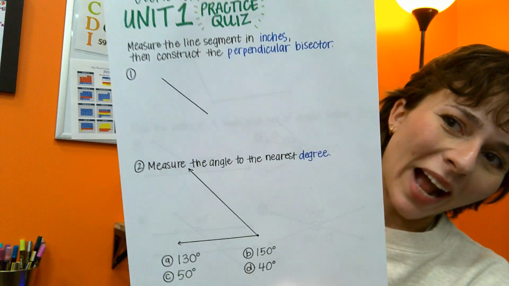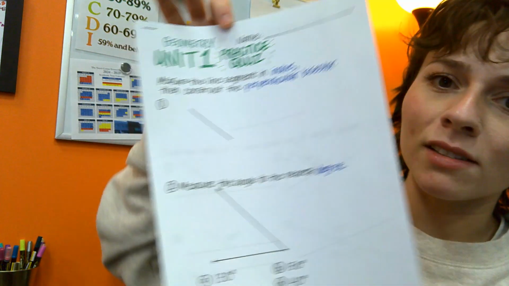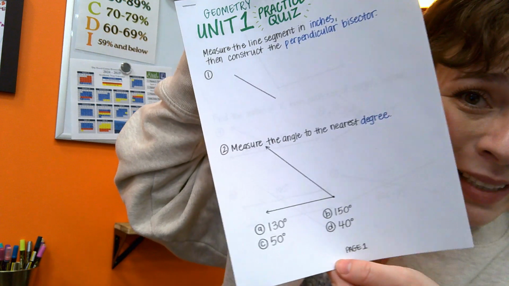This is our practice quiz. I wanted to give you a little guide of me walking through it with you, because before every quiz that we take in geometry or any math class, I like to give you a practice quiz. It is basically a carbon copy of what your quiz will be tomorrow.